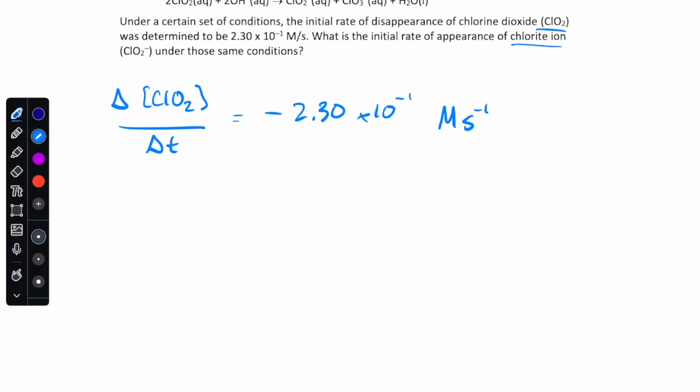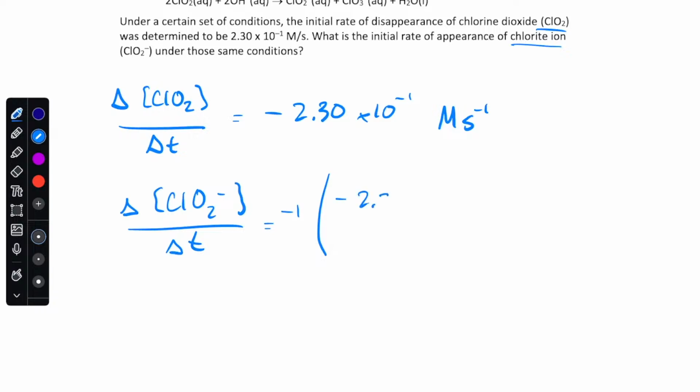And the way I would look at this is I would consider it to be the same as if we were doing stoichiometry and you had 2 moles going to 1 mole. The rate is going to be 2 going to 1. So in other words, what I would write would be the change in ClO2 over the change in time is going to be equal to, first of all, negative 1, because this one is going to be appearing.